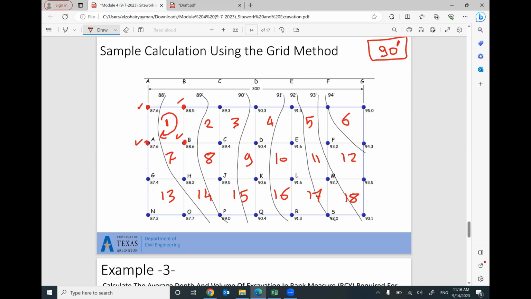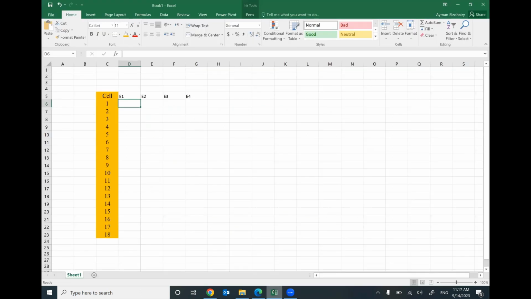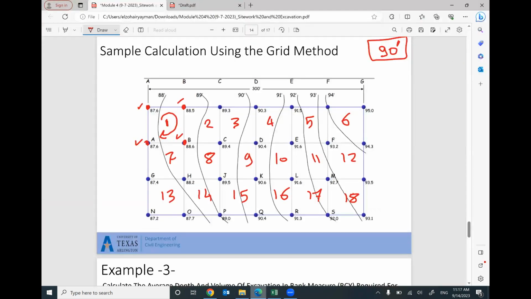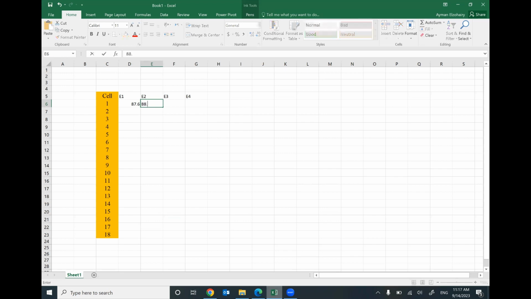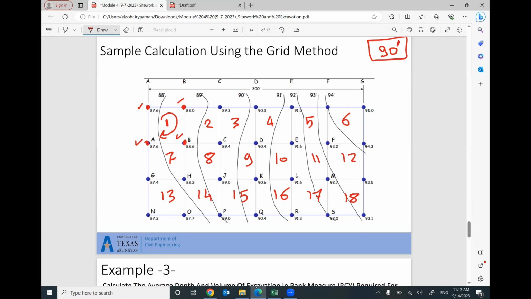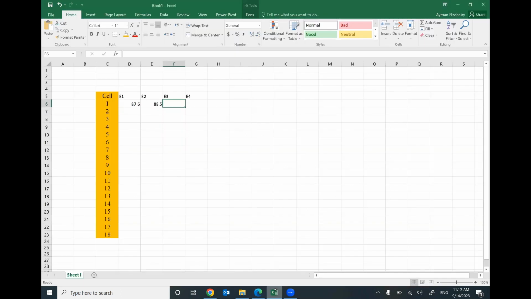So 87.6 for this one. It will be 88.5, 88.5 for this one, 88.6 and 87.6, 88.6 and then 87.6. This is for the first cell.